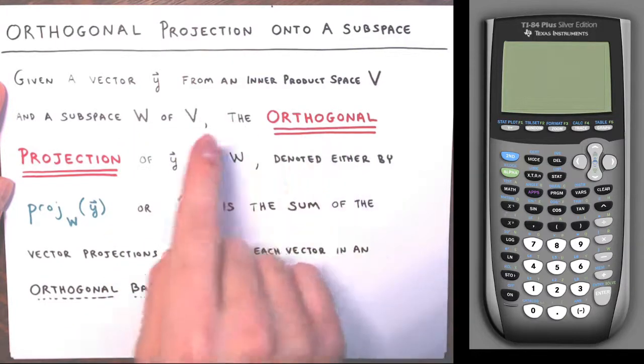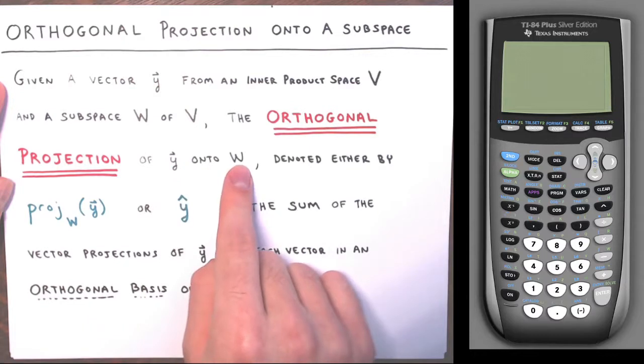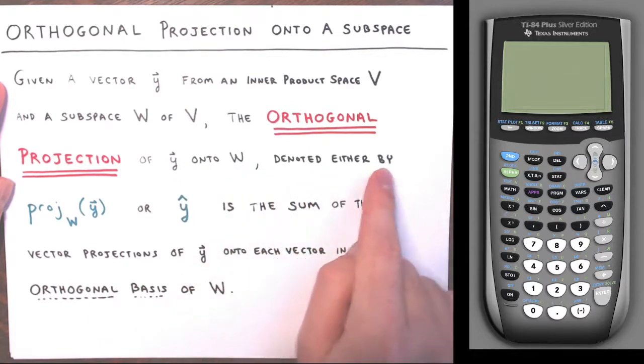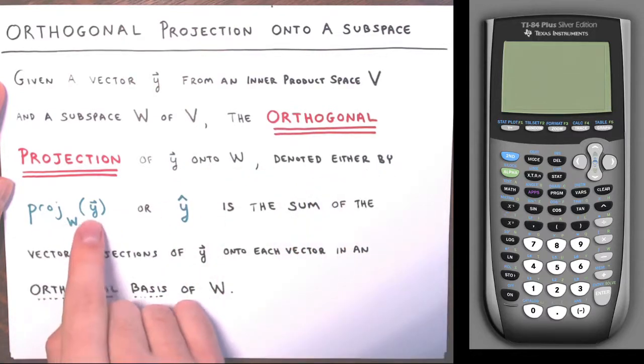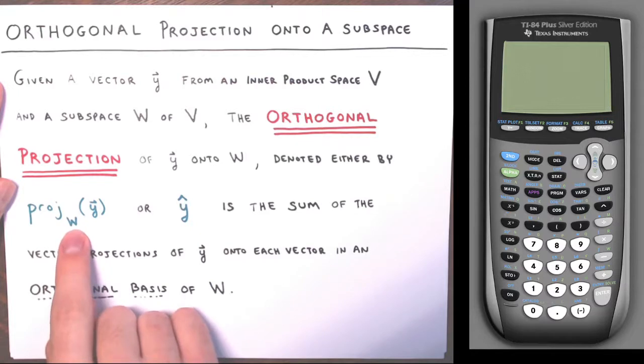The orthogonal projection of Y onto W, denoted either by this, you see how this was similar to, remember I had a video up earlier of projecting a vector onto another vector. This is similar notation, but instead of the subscript here being a vector, it's a subspace.